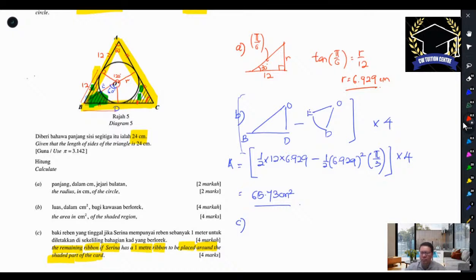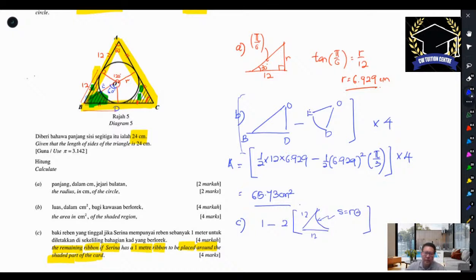Apakah bakinya? So I will use 1 minus 2 times this 12, and then this part, S equals R theta.